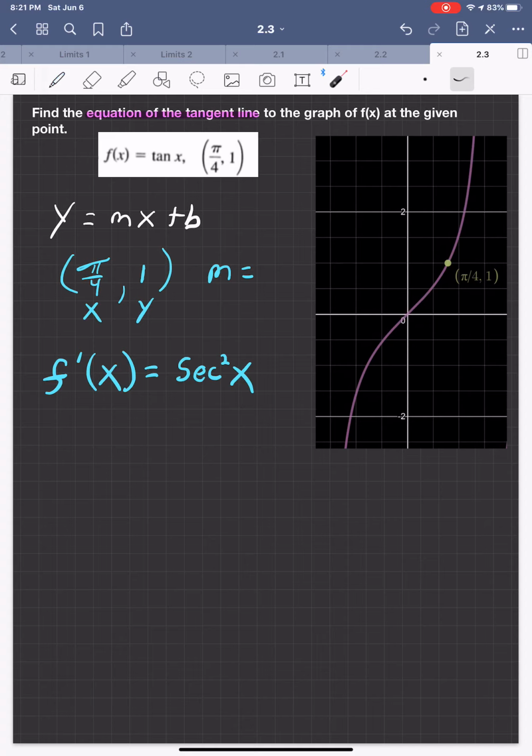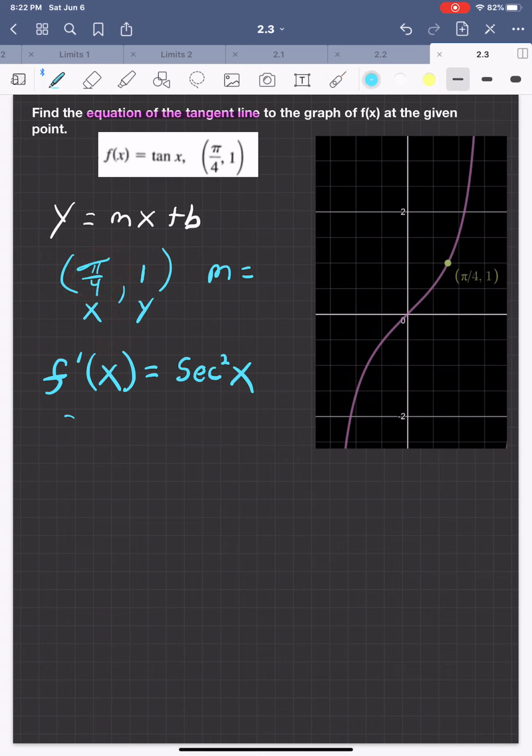All right, so let's figure it out. If I want a slope, then I need to plug some input into my derivative. And we're always plugging in the x value. I shouldn't say that, that's a little bit sloppy. Whatever the independent variable is in the domain, that's what we're inputting.